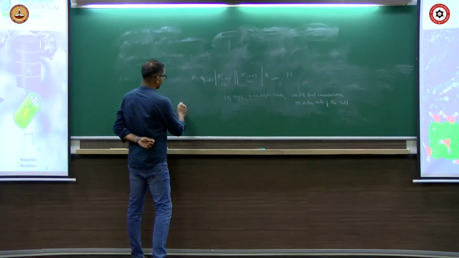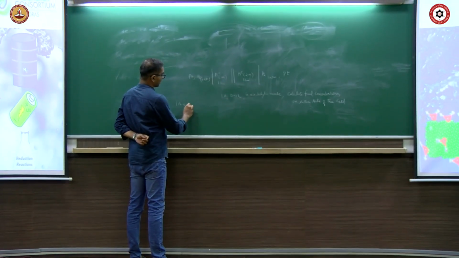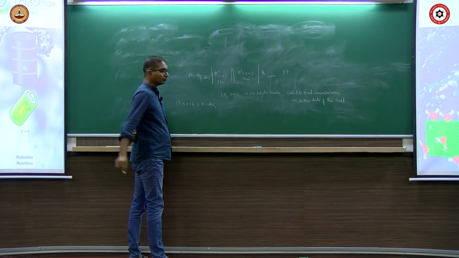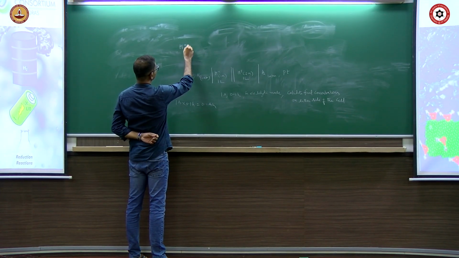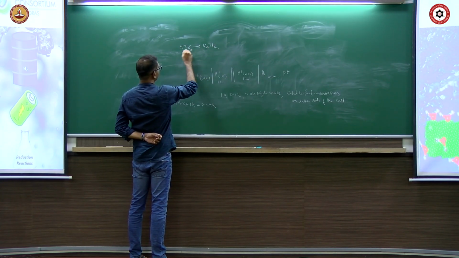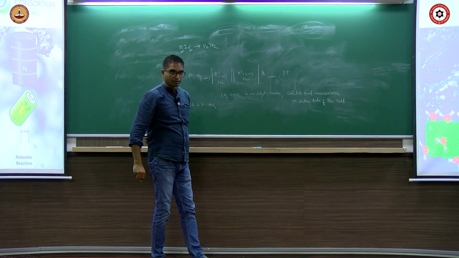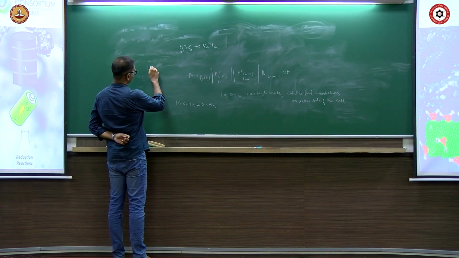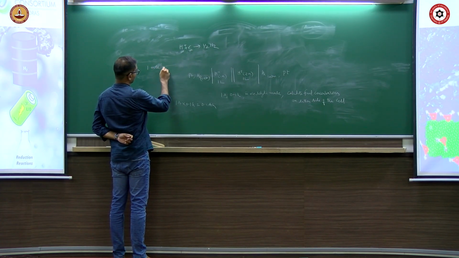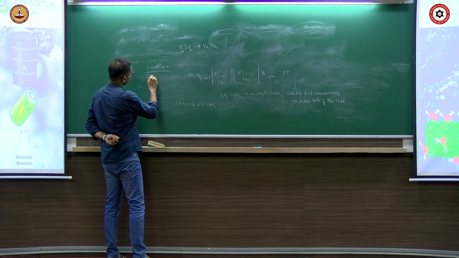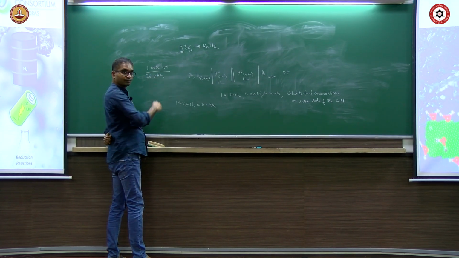So 1 ampere into 0.1 hour is 0.1 ampere hour. If you look at this reaction, 1 mole of electron consumes 1 mole of proton. So 1 mole of proton is equivalent to consuming 26.8 ampere hour, correct?